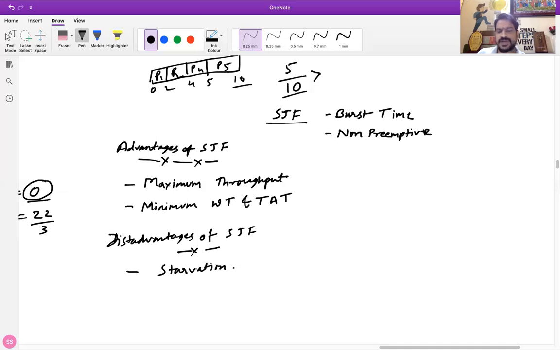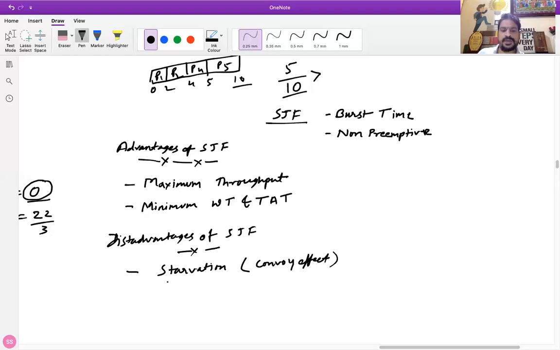Now, what is the meaning of starvation? Starvation comes due to the convoy effect. What is the convoy effect? The convoy effect is that if a longer burst time process is executing first, then the waiting time of the shorter process will be more.